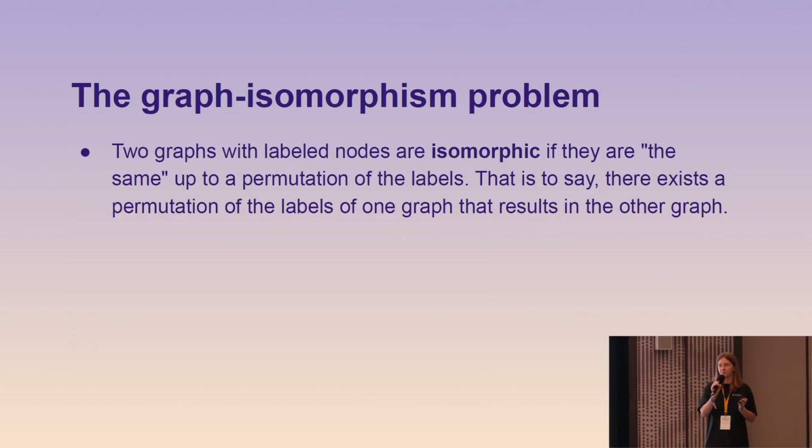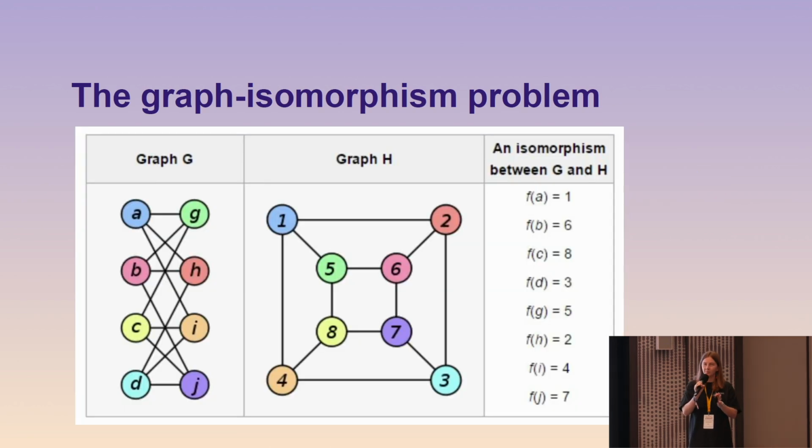So what is this problem? We say two graphs with labeled nodes are isomorphic if they are the same up to permutation of the labels. It might sound a bit cryptic. Let's look at this picture from Wikipedia.